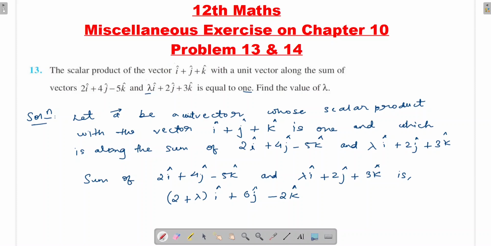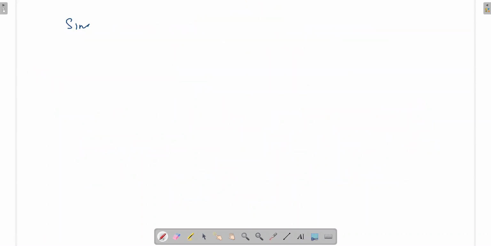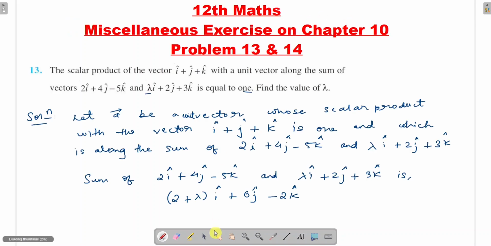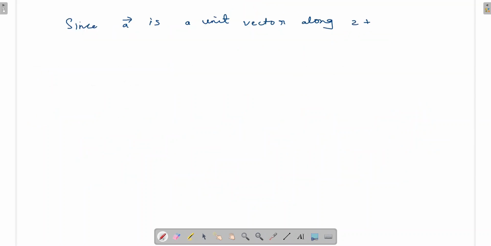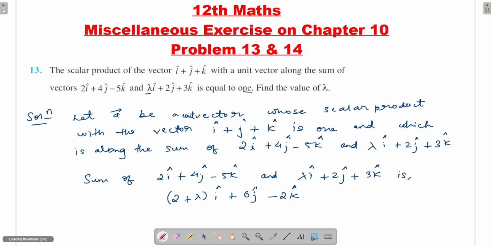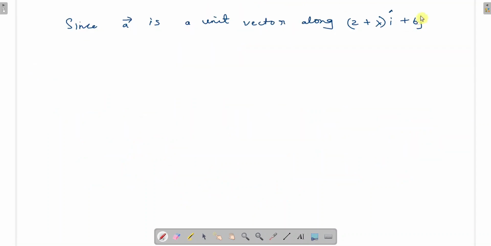Since a bar is a unit vector along this vector, 2 plus lambda i cap plus 6 j cap minus 2 k cap, a bar will be nothing but this vector divided by its magnitude.